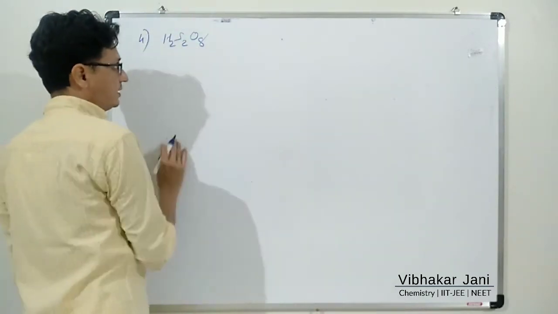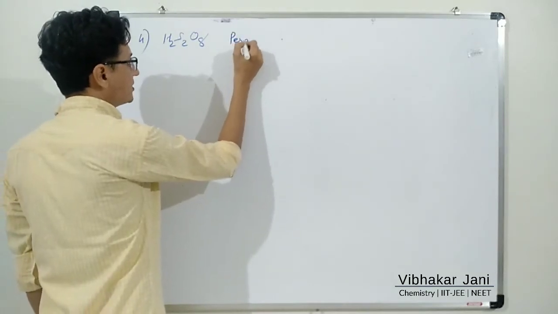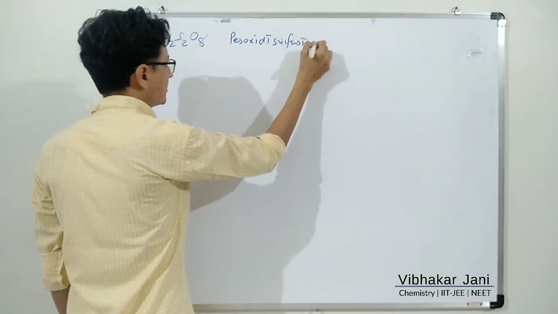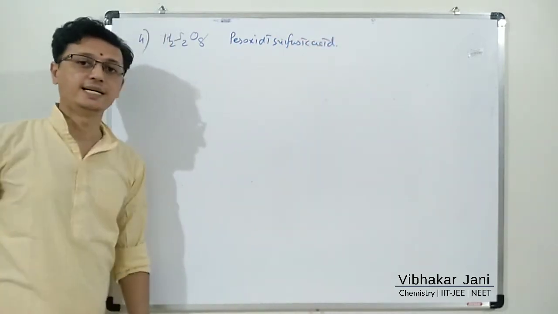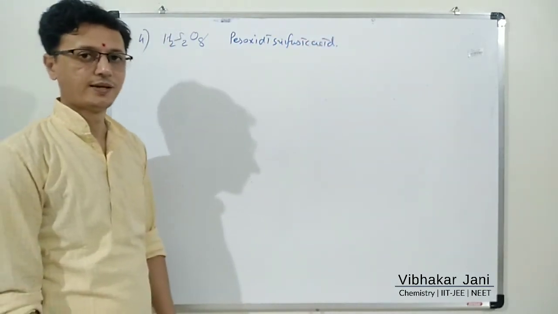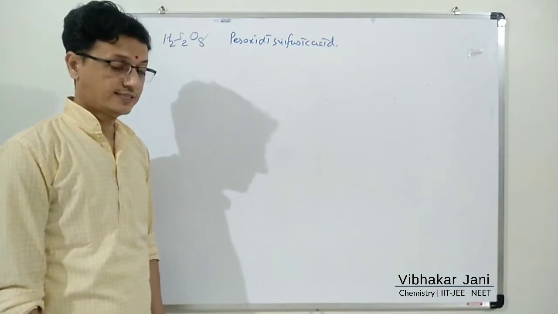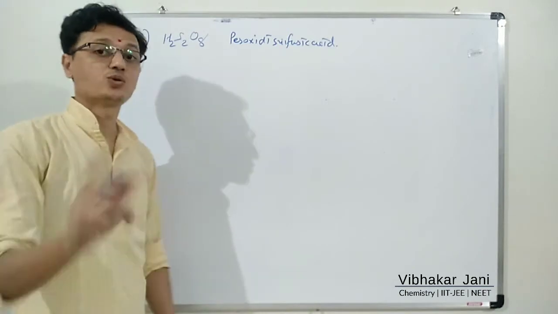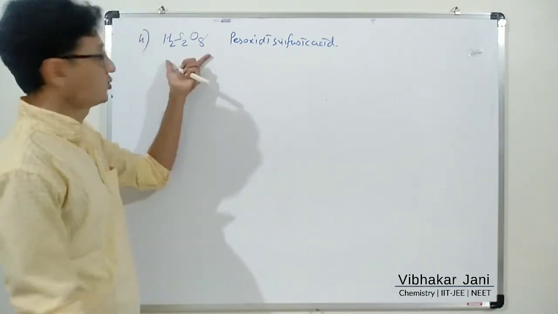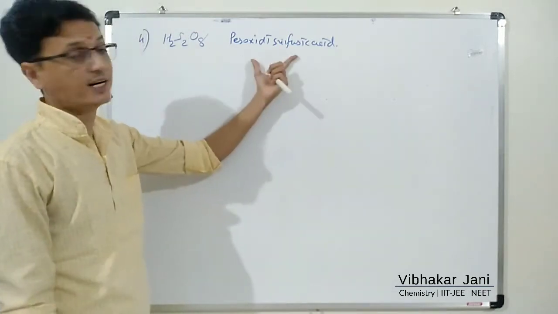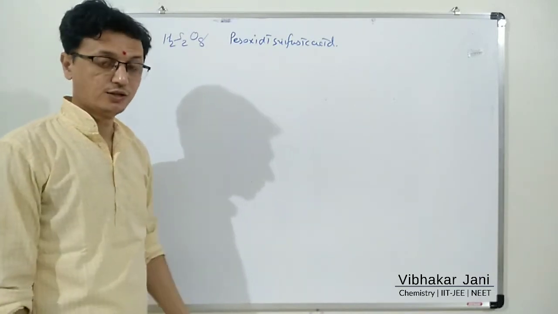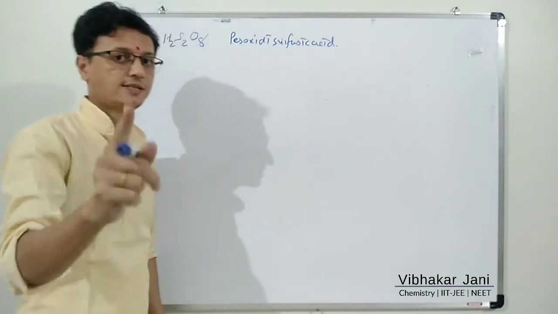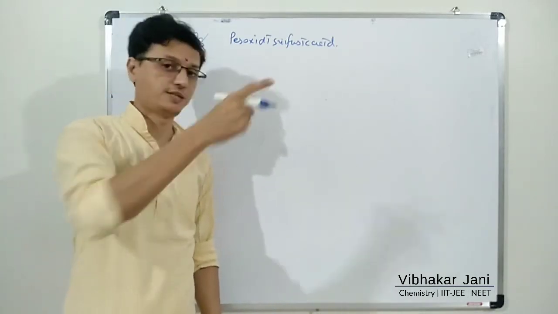The name of this compound is peroxydisulfuric acid. The second example was peroxymonosulfuric acid, H2SO5. Now this is H2S2O8, peroxydisulfuric acid. So it is peroxy and it is sulfuric acid. That means the oxidation state of sulfur should be +6 over here.